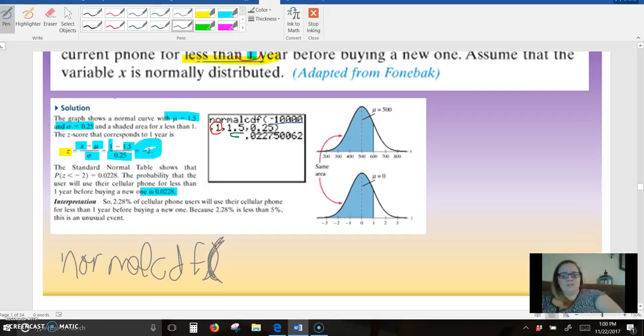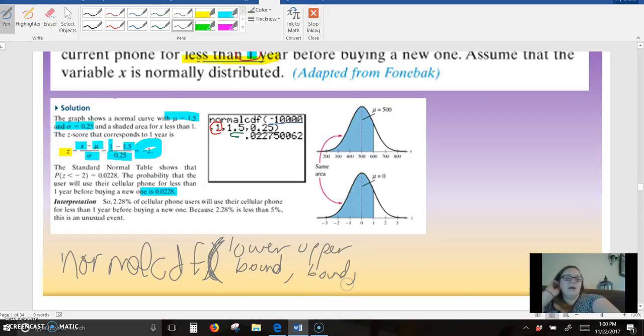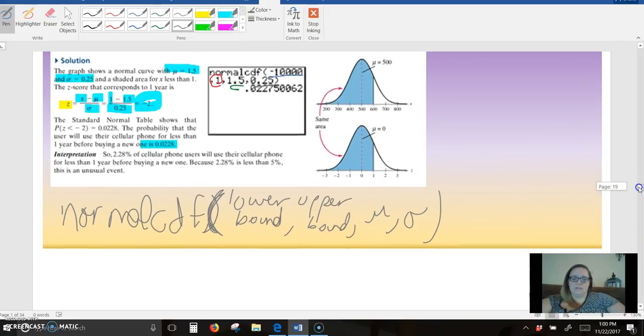It goes lower bound, upper bound, and then mu, and then the standard deviation. So how do you know on these upper and lowers which is which?